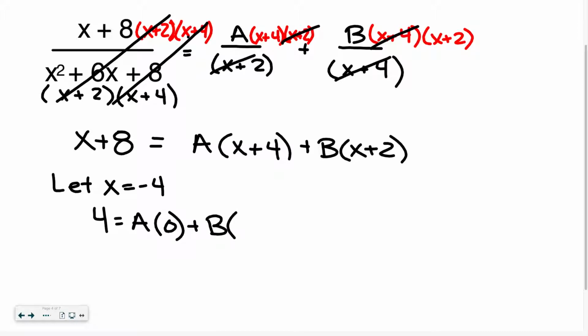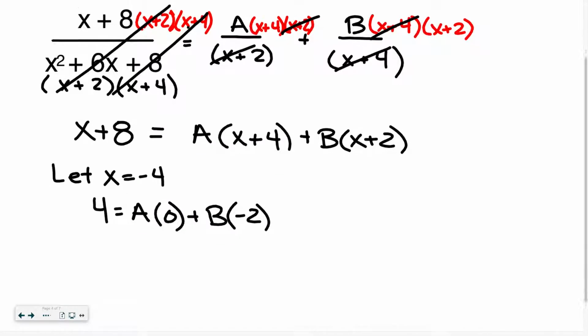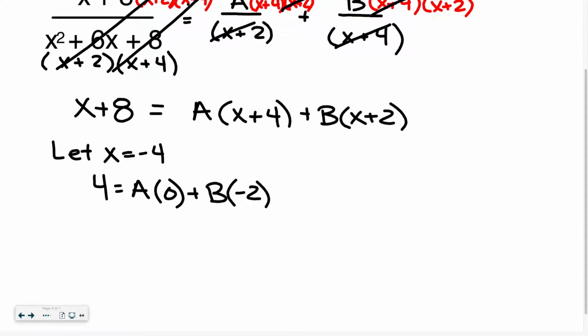Plus b, negative 4 plus 2. Negative 2. Well, what happens to your a? It's just 0, right? It's gone. So now we have an equation that looks like 4 equals, isn't this really just negative 2b? So b is negative 2. Voila! We found one constant.